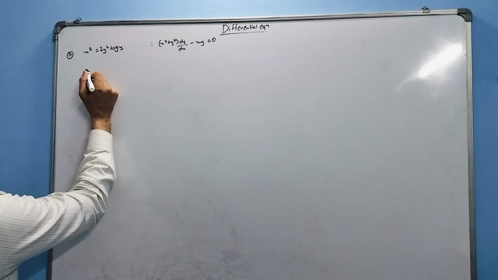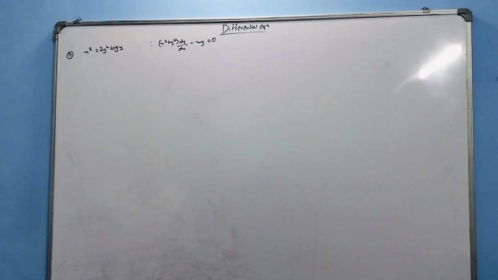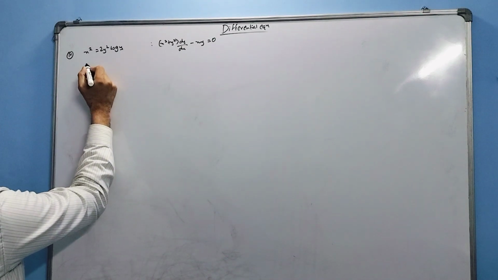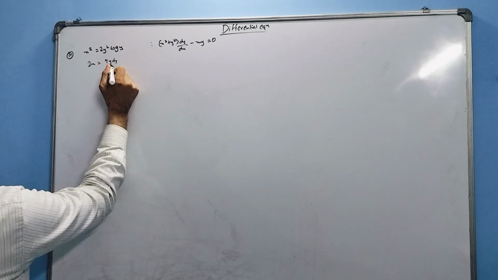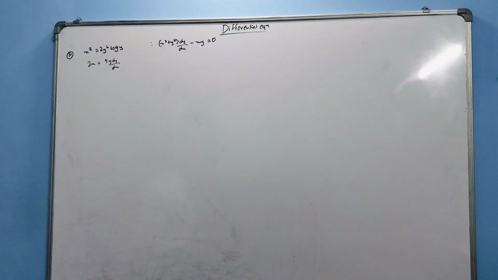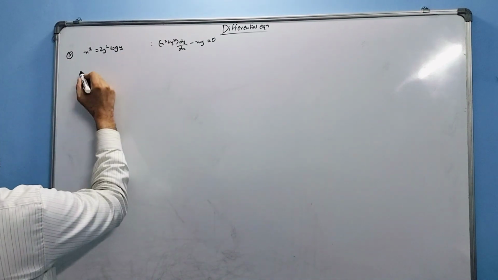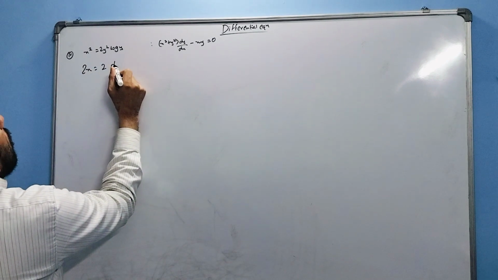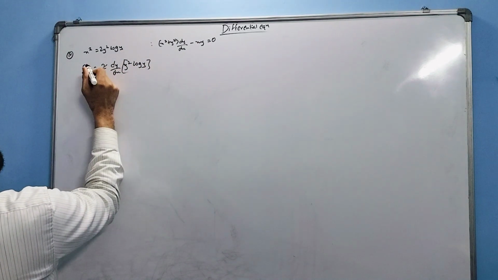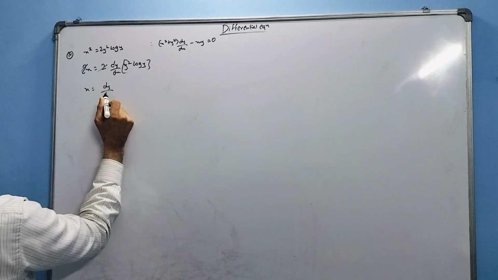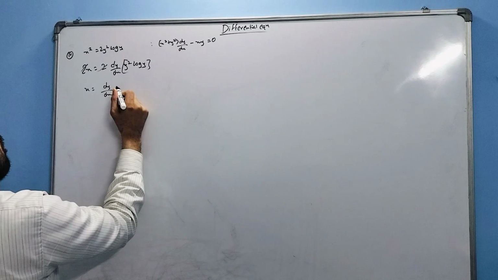So now let us try to solve. They have given x square is equal to 2y square log y. If I differentiate it, I get 2x is equal to 2 into the derivative of y square log y, so x is equal to the derivative of y square log y.